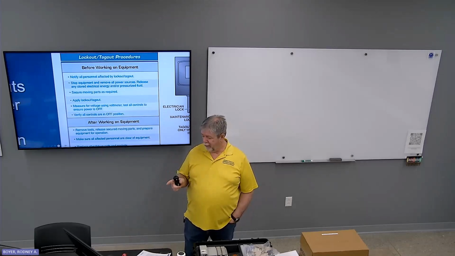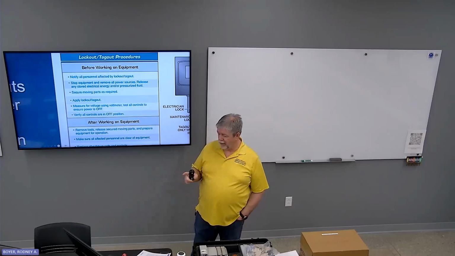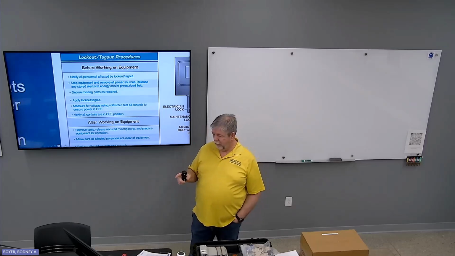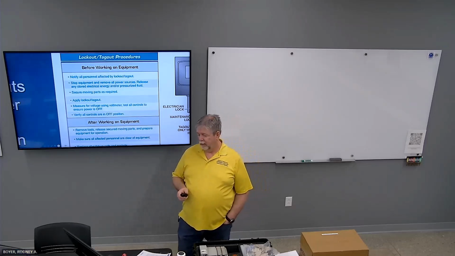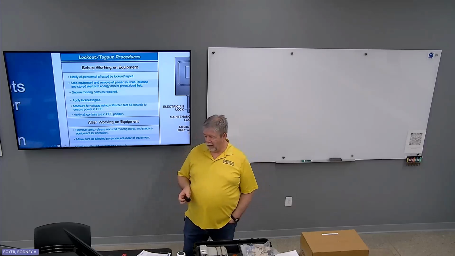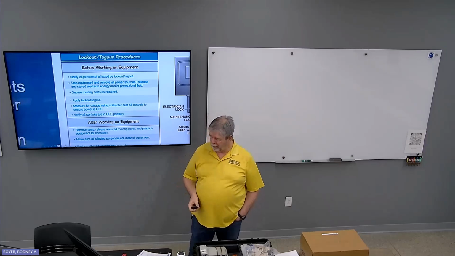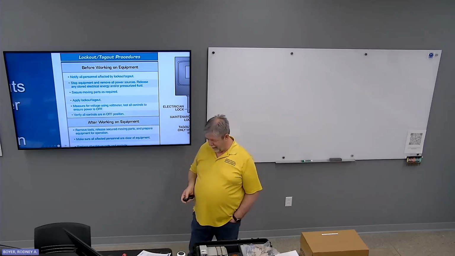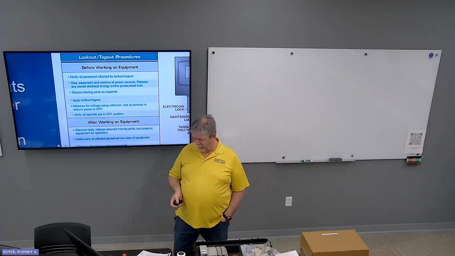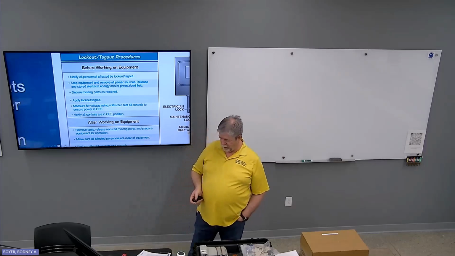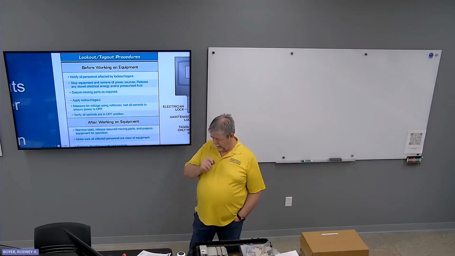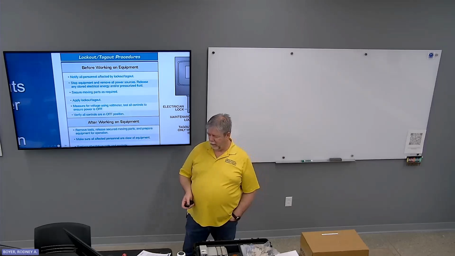Stop equipment and remove all power sources, release any stored electrical energy and/or pressurized fluid. Secure moving parts as required, which is where we put a block in to keep things from falling. Apply the lockout, tagout, measure for voltage using a voltmeter, test all controls to ensure the power is off, and verify all controls are in the off position.